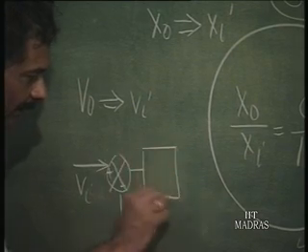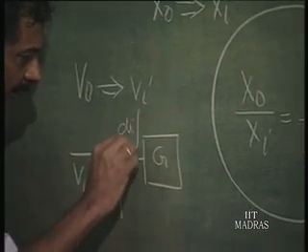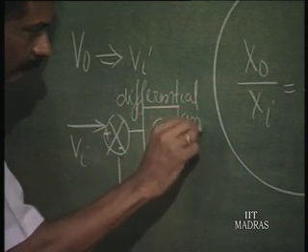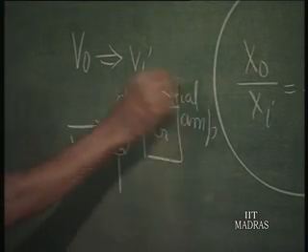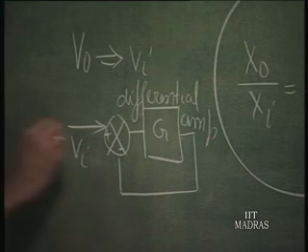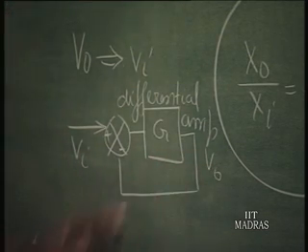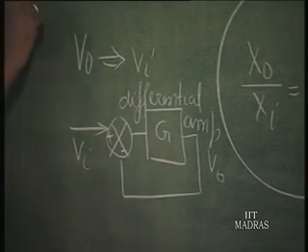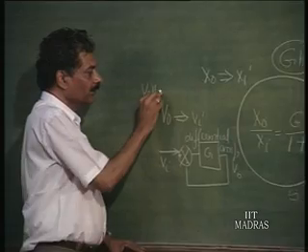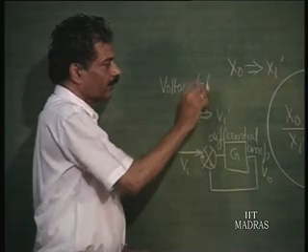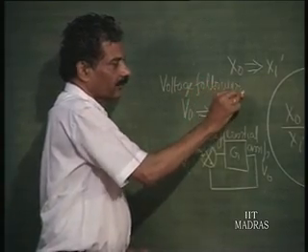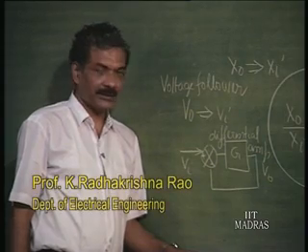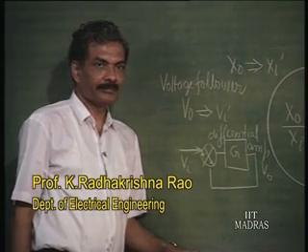So, this entire thing is nothing but a differential amplifier, this error detector with G, and if I give feedback fully, Vo follows Vi. This is therefore called a voltage follower. We have discussed this again in the first part of our series of lectures.